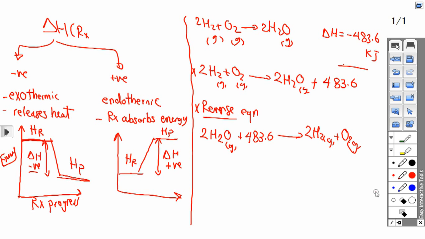This reaction is exothermic. So the opposite or the reverse reaction is endothermic. In this case, delta H equals positive 483.6 kilojoule. And this is also one of the properties of the thermochemical equation. Okay? Right. This is the difference between endothermic reaction and the exothermic reaction.